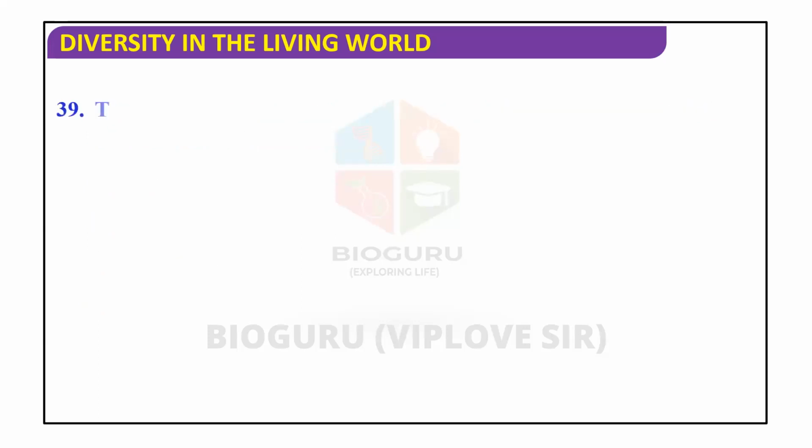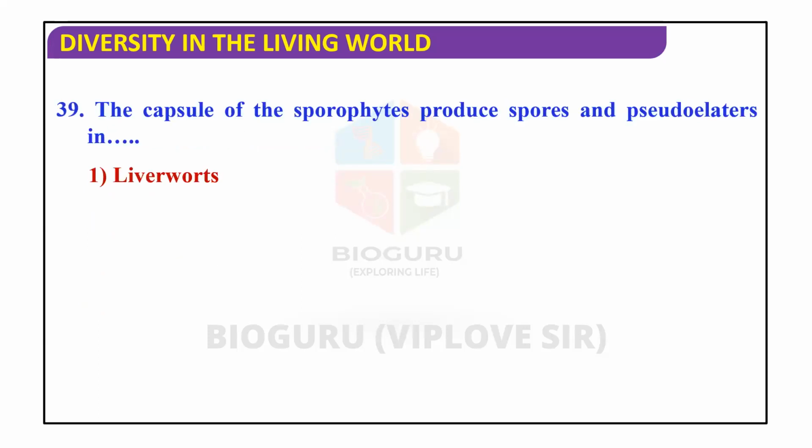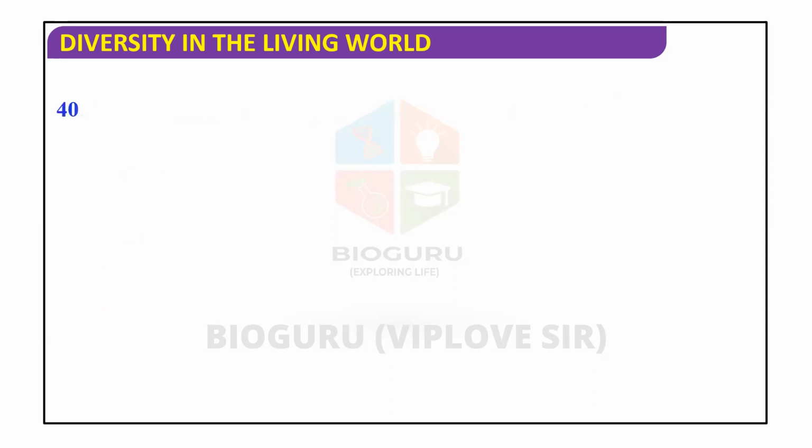That's good. The capsule of the sporophytes produces spores and pseudo-elaters in liverworts, hornworts, mosses and all. Yes, it is hornworts. That's good.